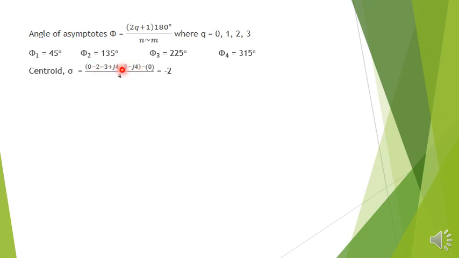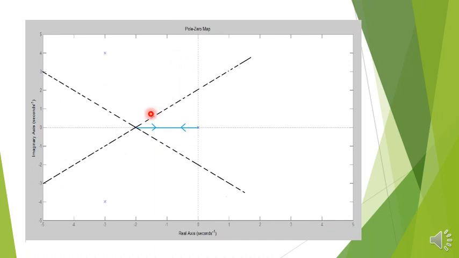So minus 8 divided by 4 is minus 2. We will add this centroid and the angles of asymptotes to the previous graph. So at minus 2, I am plotting 45 degrees, 135, 225 and 315 degrees.